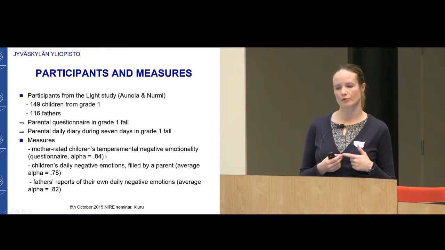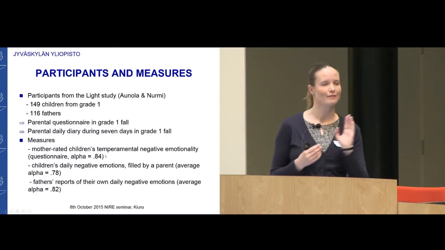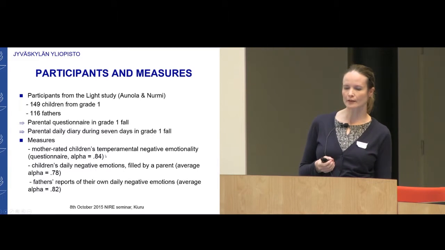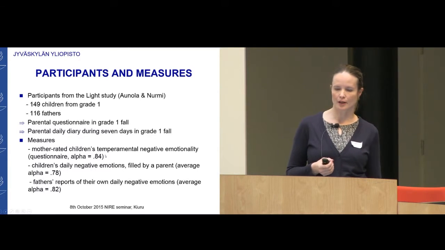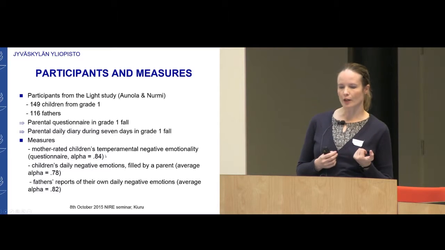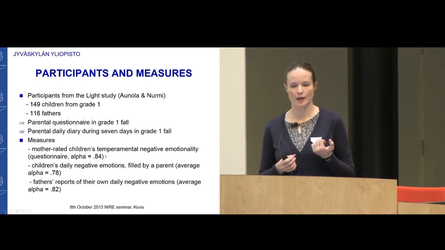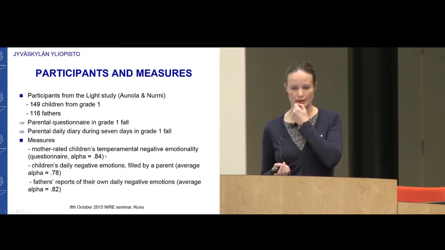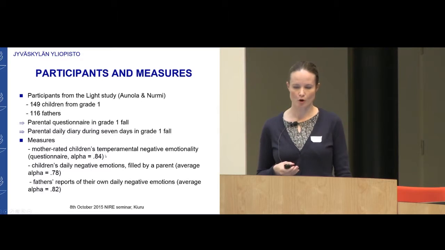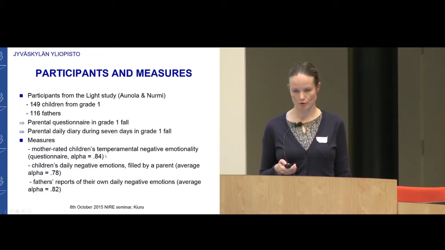So parents filled in the diary every day, like there is always 1 day lag between different reports. And then mothers rated children's temperamental negative emotionality, and then children's daily negative emotions were also reported by parents, and then fathers' reports of their own daily negative emotions.